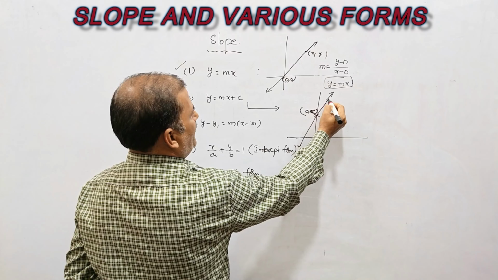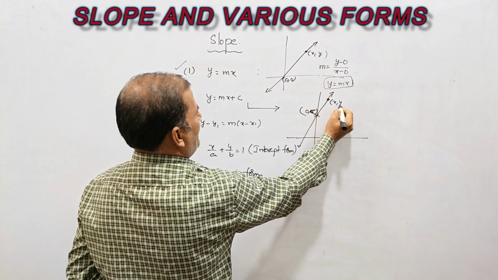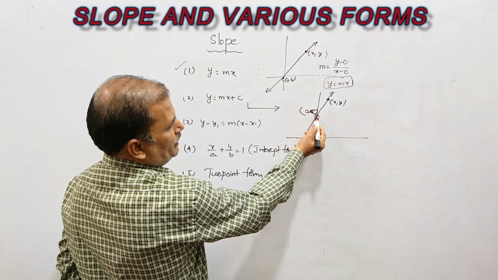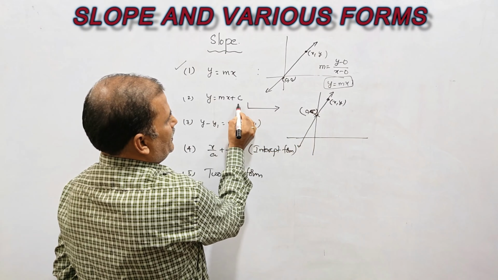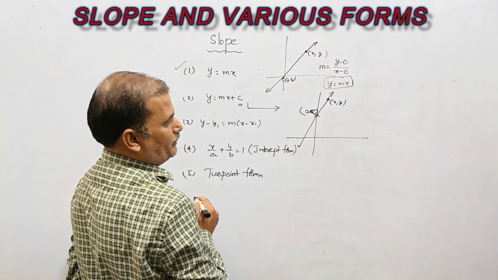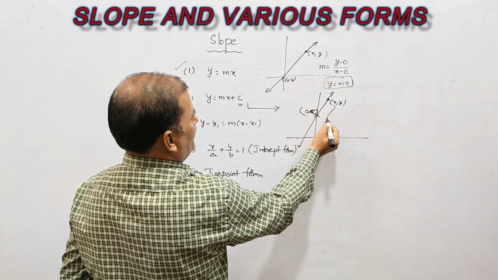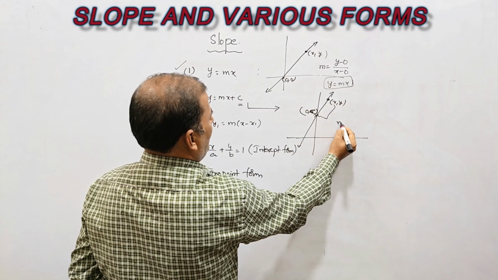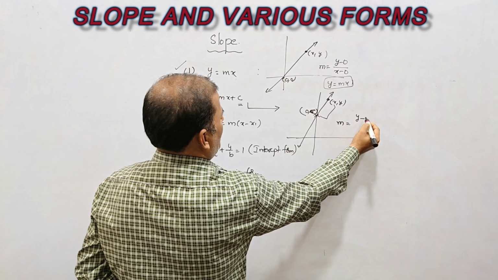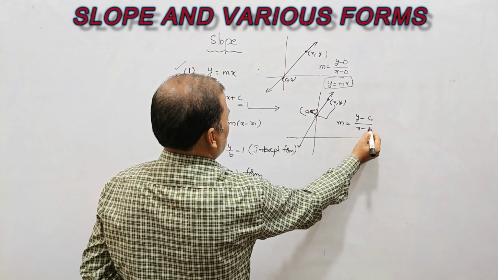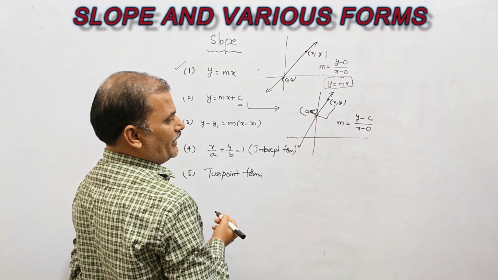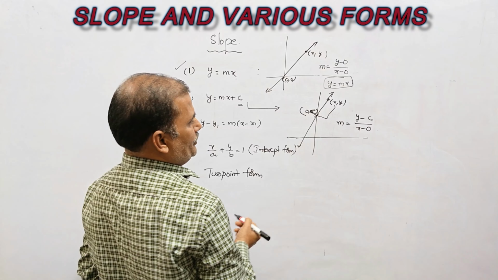If you take any point here, that is x comma y, and this is the point 0 comma c, because c is called the y-intercept. To find the slope here, y minus c by x minus 0, by using y2 minus y1 by x2 minus x1.